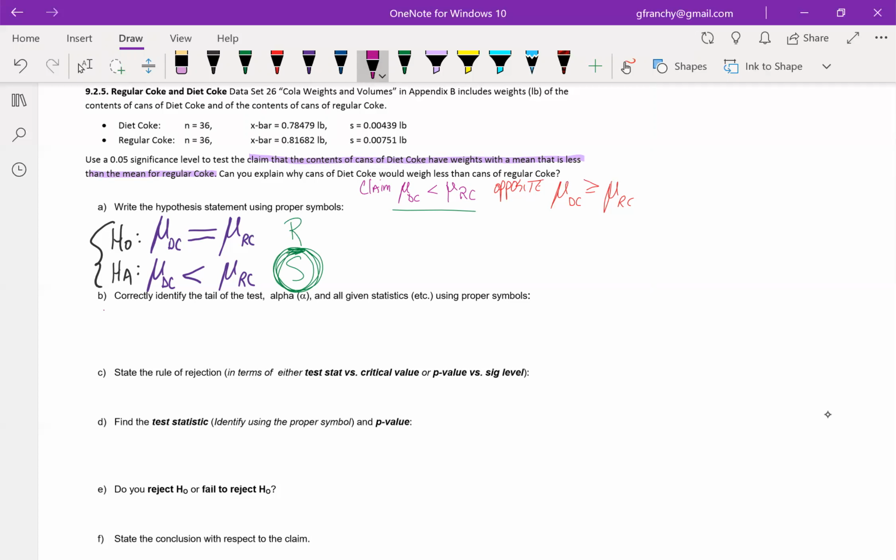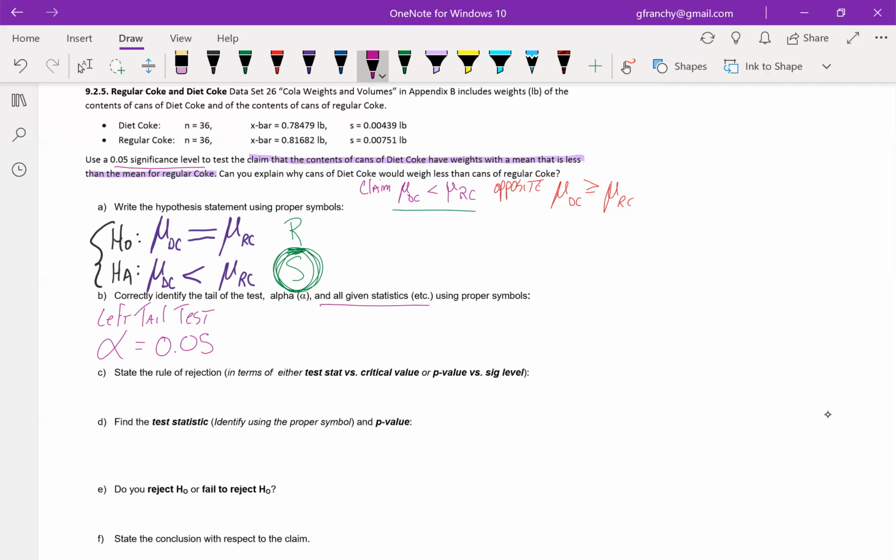Moving on, this is a left tail test because we're looking at the inequality in the alternate, and that's pointing to the left. Our significance level is 0.05, and significance level is alpha. And it wants us to identify all the given statistics.